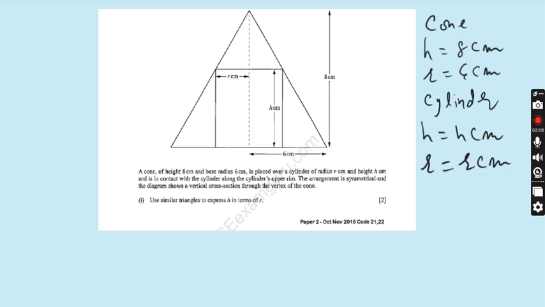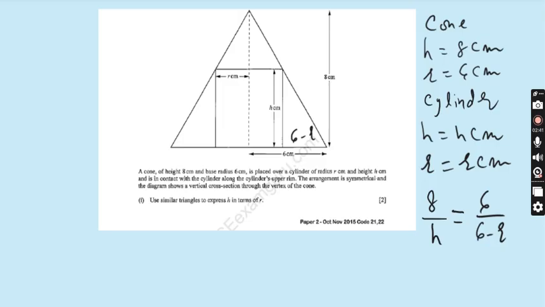Now see, the height of the cone is 8 and the height of the cylinder is h. So you may write height 8 upon h is equal to radius 6 upon what? This is r, this is 6. So this should be 6 minus r.